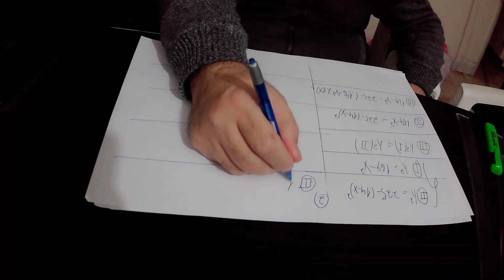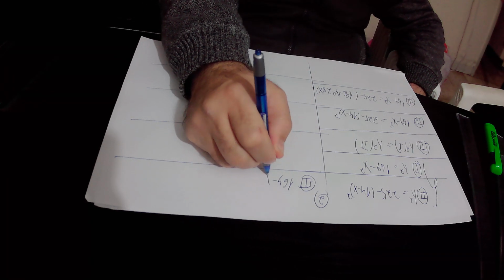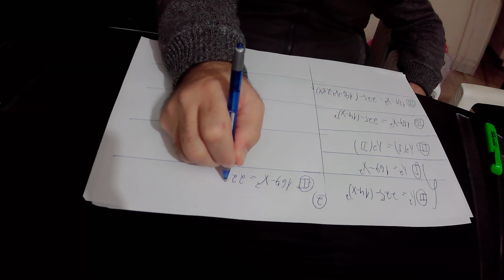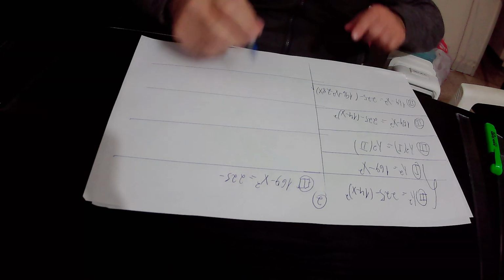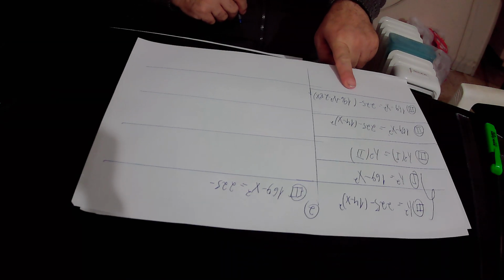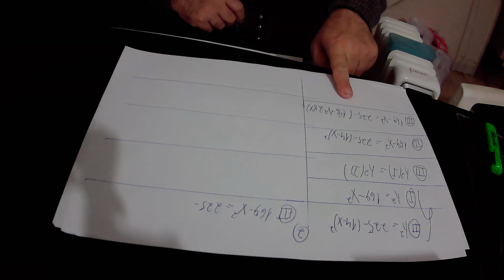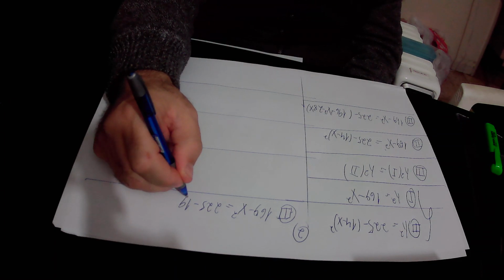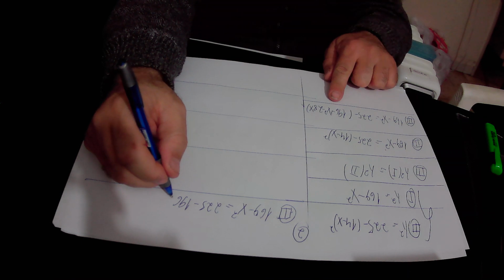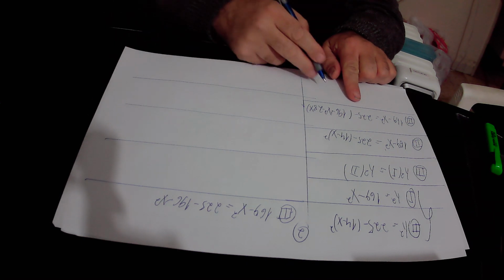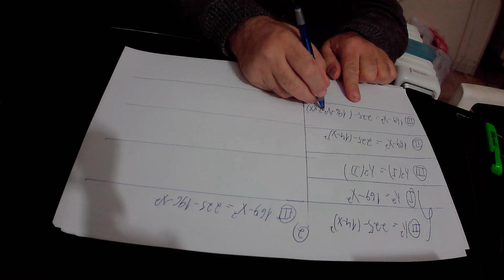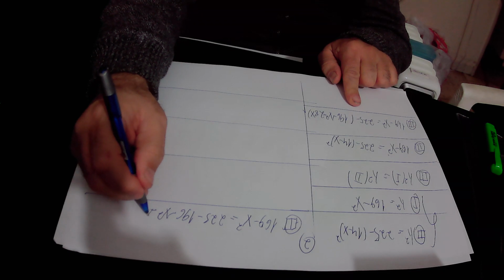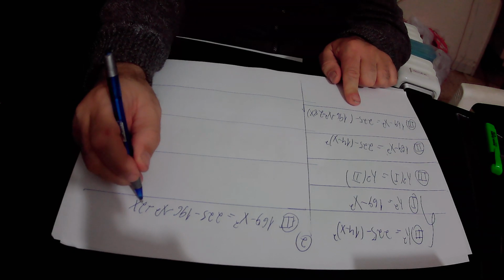Here we'll open the brackets, and we get 225 minus 196 minus X square, and we have minus times minus is plus, so it is plus 28X.